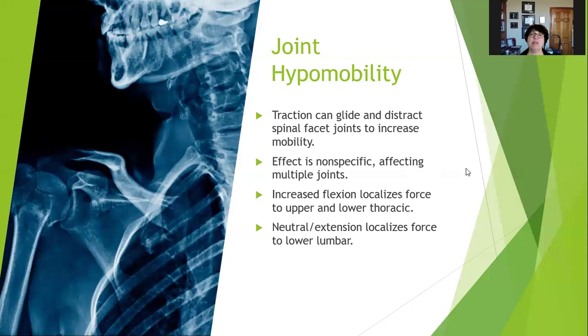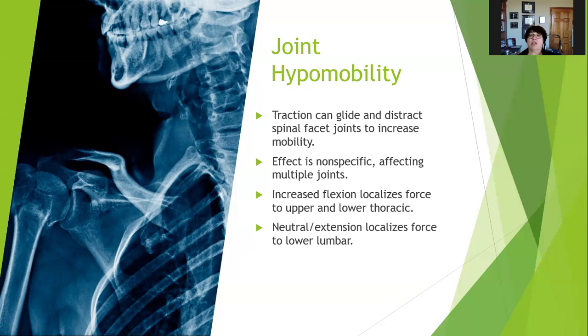For joint hypomobility, traction can glide and distract spinal facet joints to increase mobility. The effect is non-specific because it affects multiple joints, but distracting those multiple joints can help increase mobility in the ones that are hypomobile and all the other ones too. Increased flexion localizes the force to upper and lower thoracic.